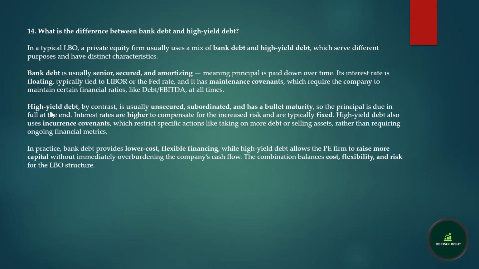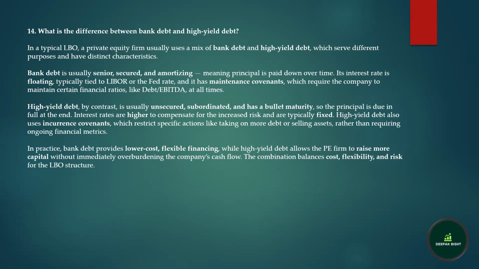And from a high yield perspective, it typically includes incurrence covenants, which restrict certain actions the company can take, but do not require the company to maintain ongoing financial metrics. For example, incurrence covenants might prevent the company from taking on additional debt, making asset sales or paying dividends without prior approval from the lenders.